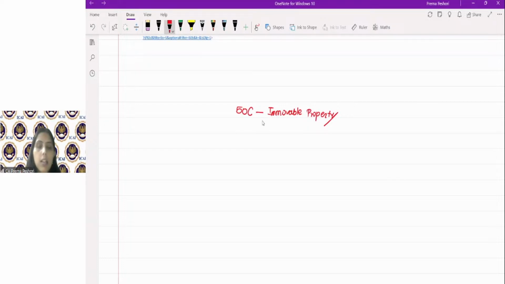Now, in case of the immovable property, where an immovable property has been sold, there are two things to it. Immovable property as in the land or building or both.